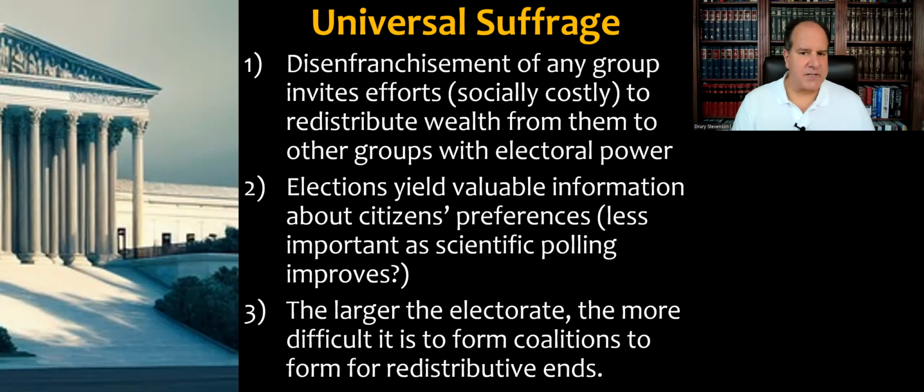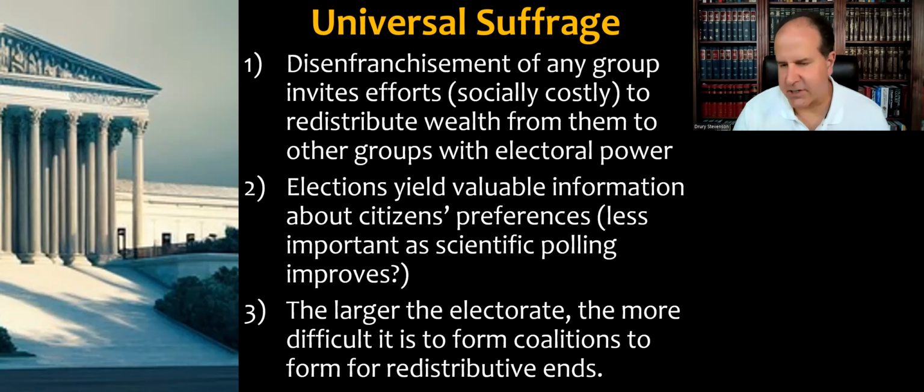And so the fact is that polling is still kind of an imprecise science compared to what election returns are going to be like. So the more people vote, the more the government actually knows what the people want. And that can be really valuable information to know about citizens' preferences and citizens' changing preferences, right? So there are certain ideas that are very popular today that were not as popular a few years ago.